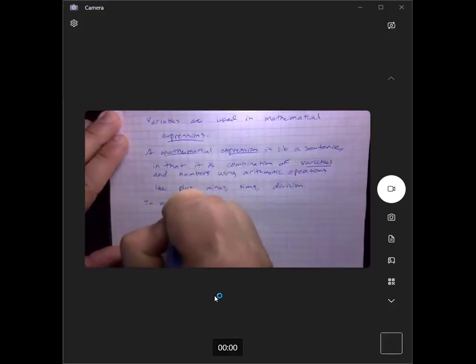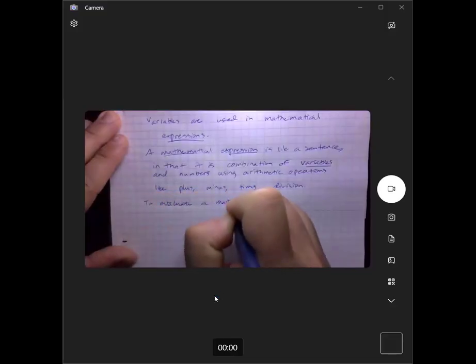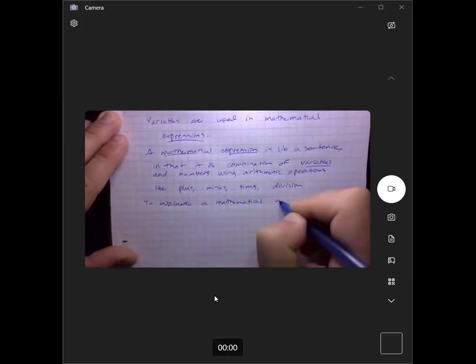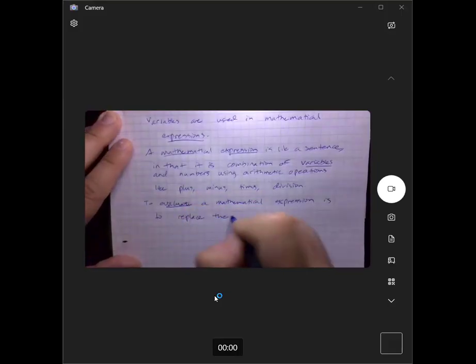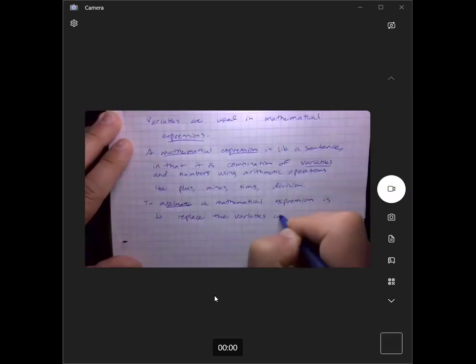Now, with mathematical expressions, what we often do is we evaluate. So to evaluate a mathematical expression is to replace the variables with specific numbers, and calculate the result.